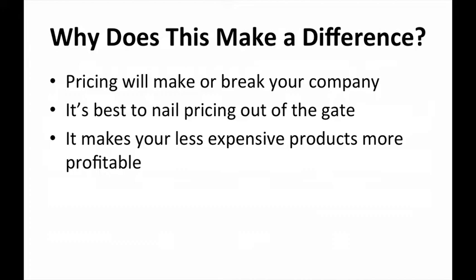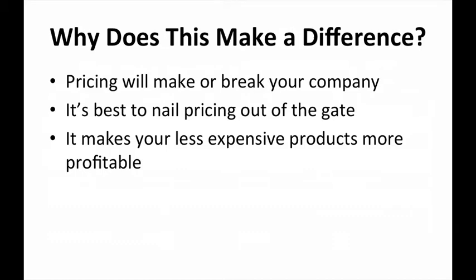And yes, you may be able to sell a higher priced product when you're not making as much product, but when you are making a lot of product and you price for those higher margins, you're able to generate a bigger margin when you're producing at scale for less cost per unit. And it ultimately makes your less expensive products more profitable.